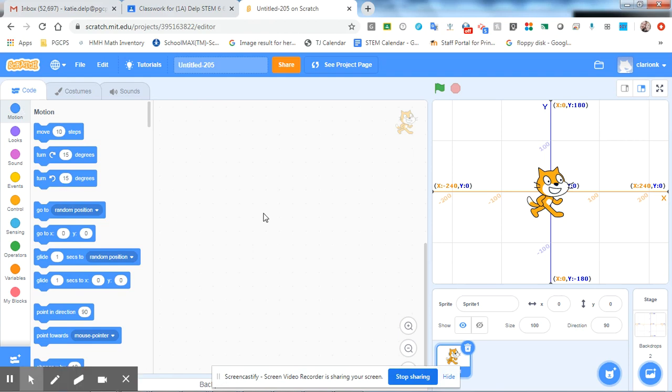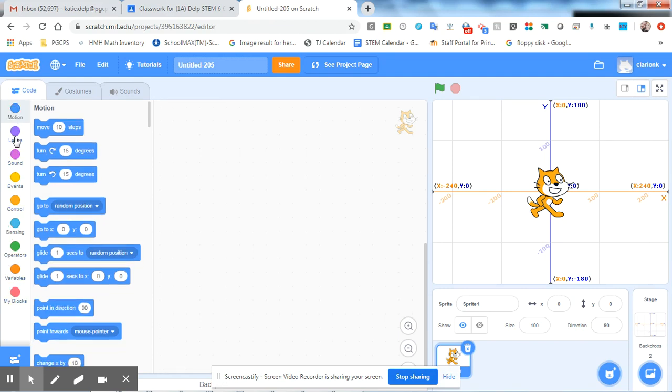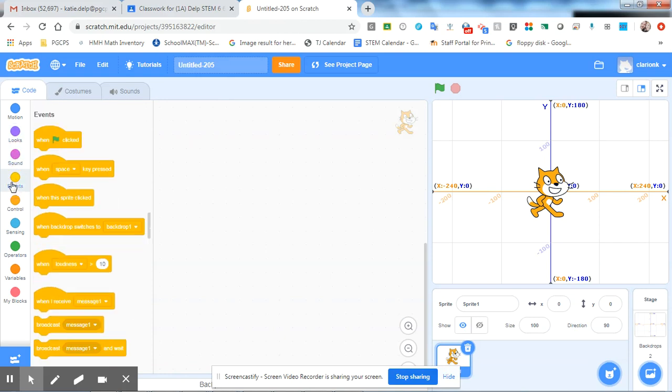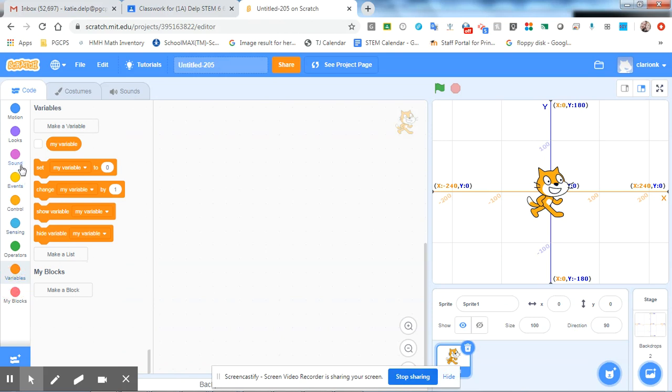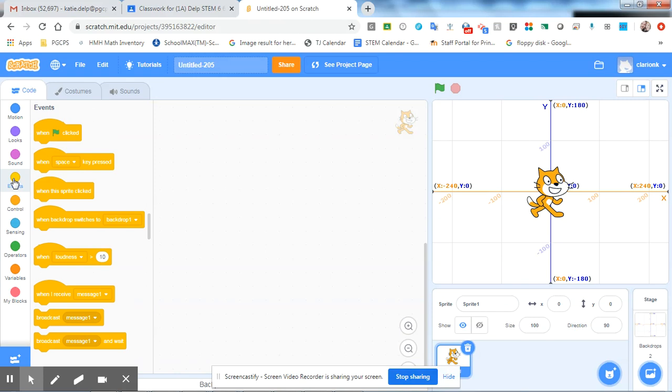So if I'm looking at the Scratch programming environment like you see on the stage, over here, all the way on the left-hand side, you'll see all different categories of blocks. So when I click on these buttons over here, I can scroll through and look at different types and shapes of blocks. You're going to find all, not all, but almost all of your hat blocks under the events category. Okay, so you can see all of the ones that were on my screen right here.